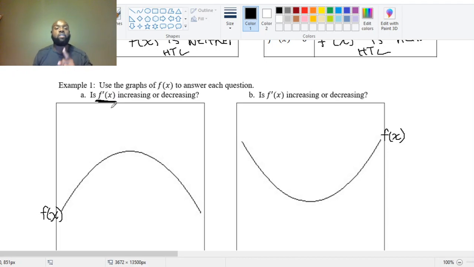Is the derivative increasing? Well, when I'm looking at the regular function and I want to know about the derivative, I've got to look at slopes of tangent lines, right? And so for my derivative f prime, I'm going to pick a few points.